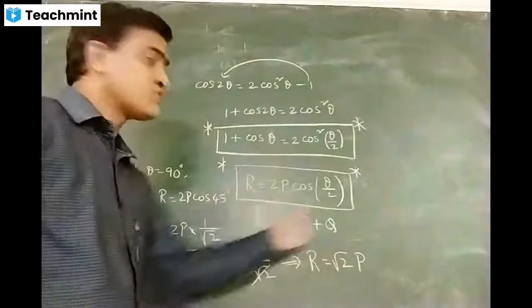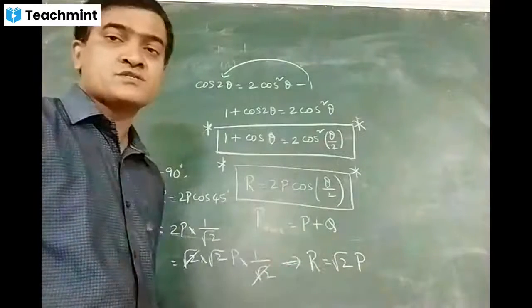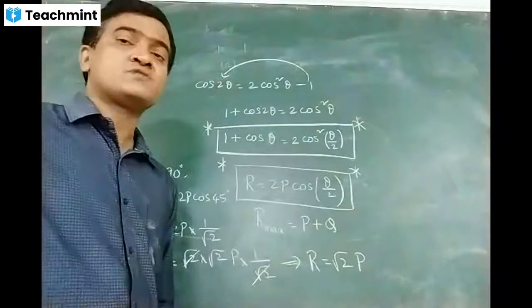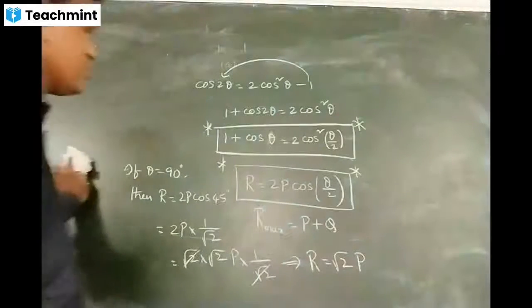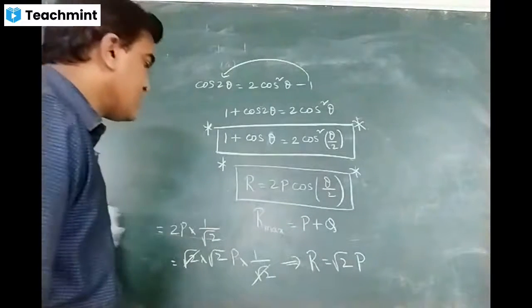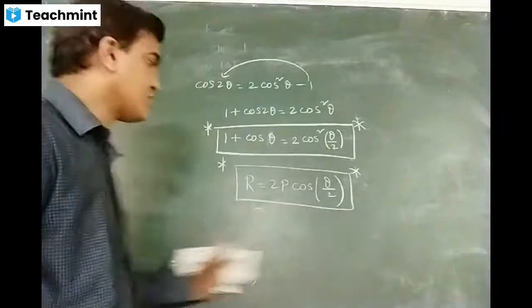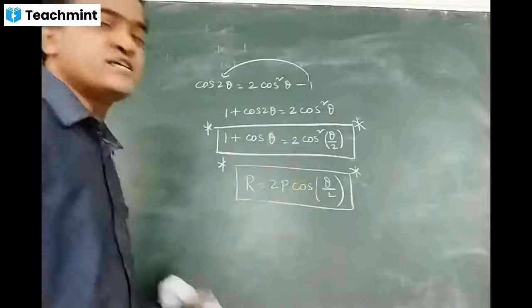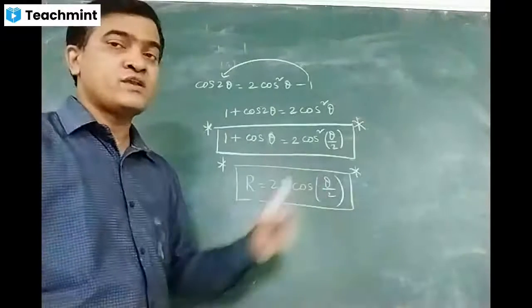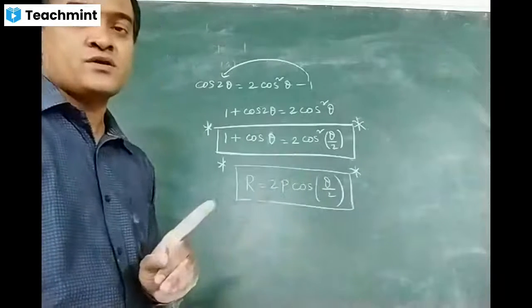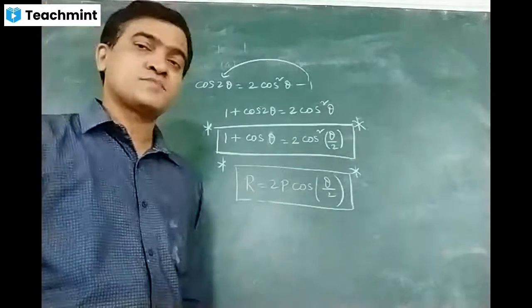This is a generalized formula for which type of vectors? For the vectors whose magnitudes are same, equal. Yes. Now if I substitute theta value as 60 degrees, let me give you a question like this.